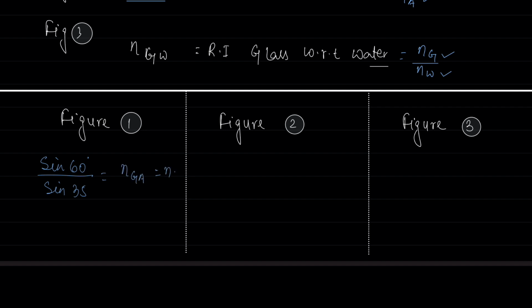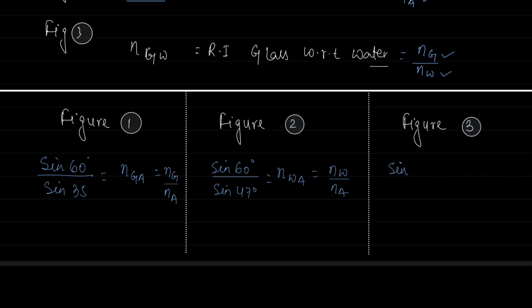It can also be written as Ng by Na. For the second figure, the angle of incidence is the same, and the angle of refraction is 47 degrees. It is equal to the refractive index of water with respect to air, so Nw by Na.